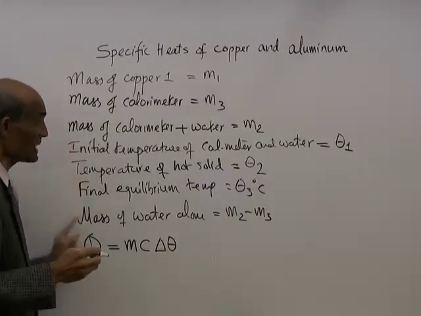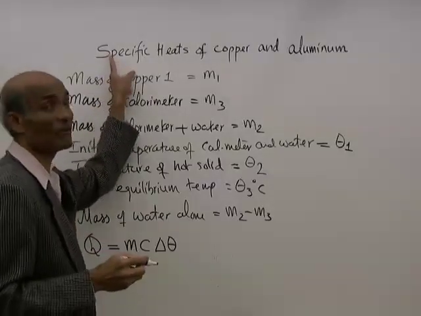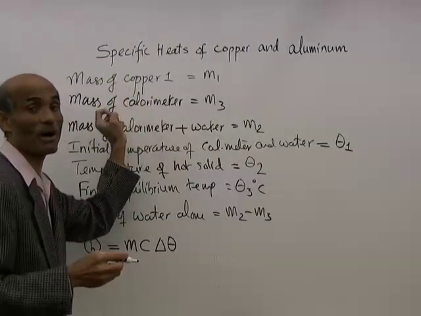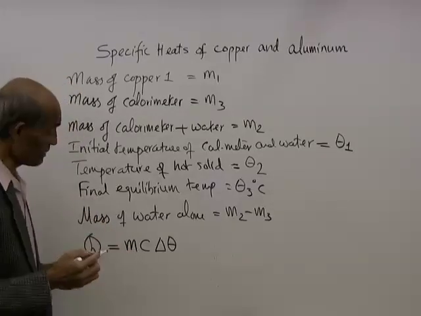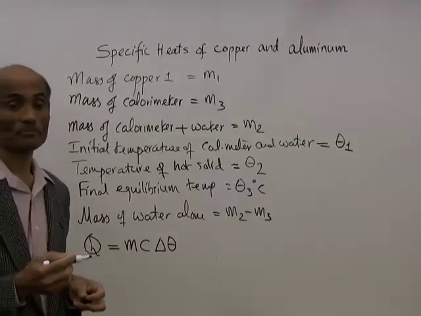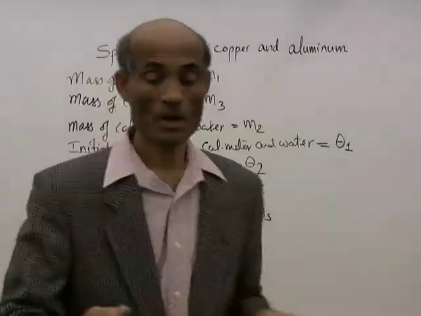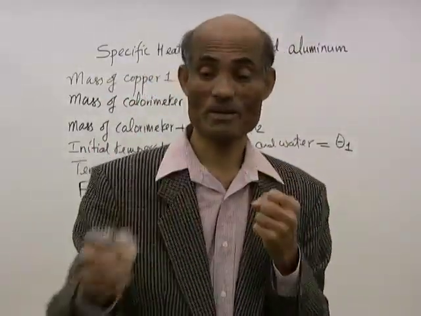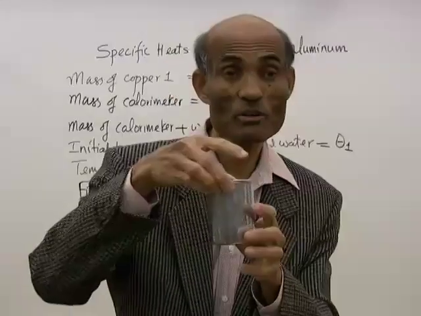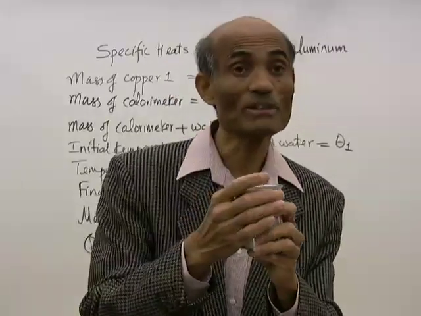Alright, now once you have that, I'm going to take off each step from above and write down my next step. What will be my next step? Well, tell me, what are the things that absorb heat in this experiment? The calorimeter will absorb heat.